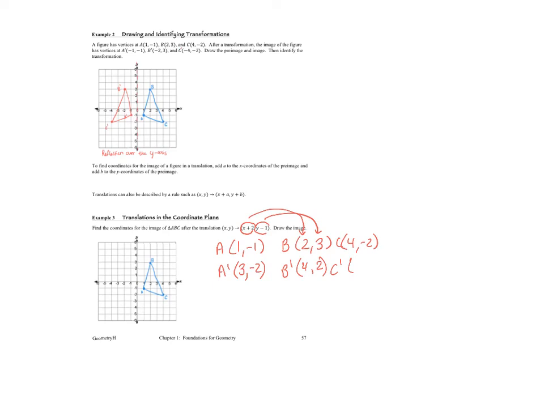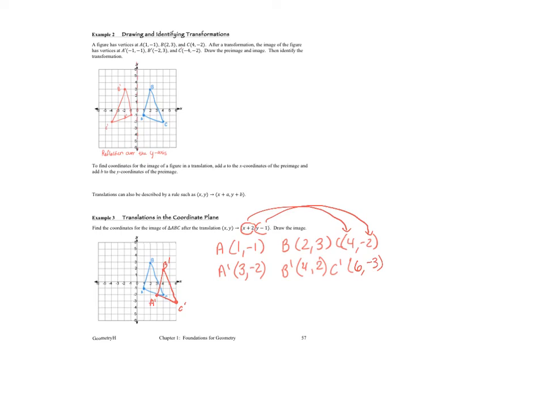And for the last one, same thing again. So I'm going to add 2 to the x, which is 6, and I'm going to subtract 1 from the y. Negative 2 minus 1 is negative 3. And I'm going to draw this as my new image.